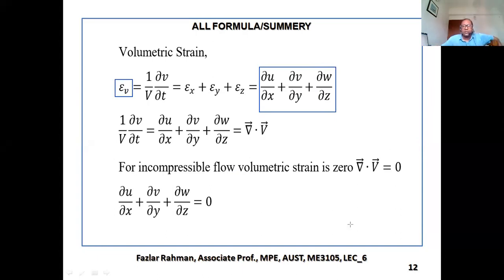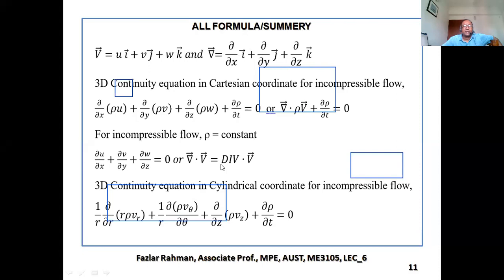So for incompressible flow, if the flow is incompressible, then there will be no volumetric strain. Volume will not increase, so this will equal 0. And you see this one is part of the continuity equation. For incompressible flow, you get the same equation.